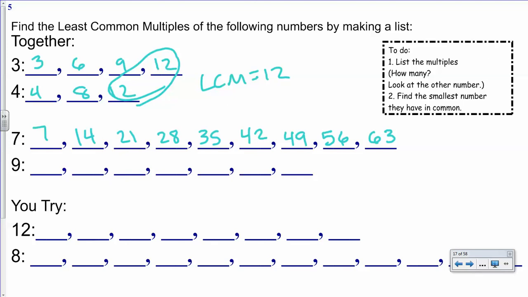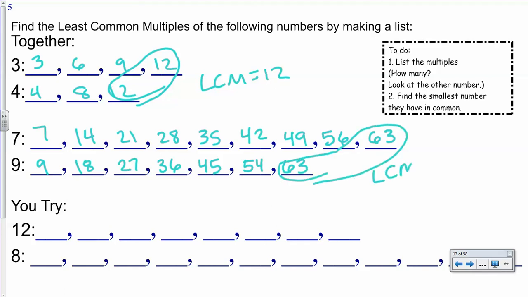I want you to be counting these in your head with me, okay? 9 times 1, 9 times 2, 9 times 3, 9 times 4, 9 times 5, 9 times 6, 9 times 7. It's the smallest number in common, 63. Least common multiple is 63.